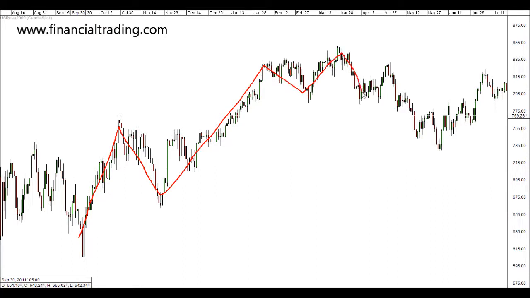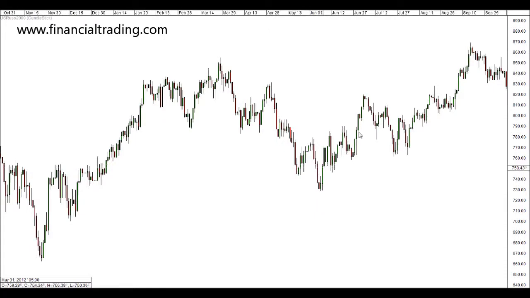We then have our zigzag A, B, C. You notice we have our head and shoulders, and then price goes on the upside. This is our 5-3 wave pattern. Here's our ABC correction, and then price continues on the upside.